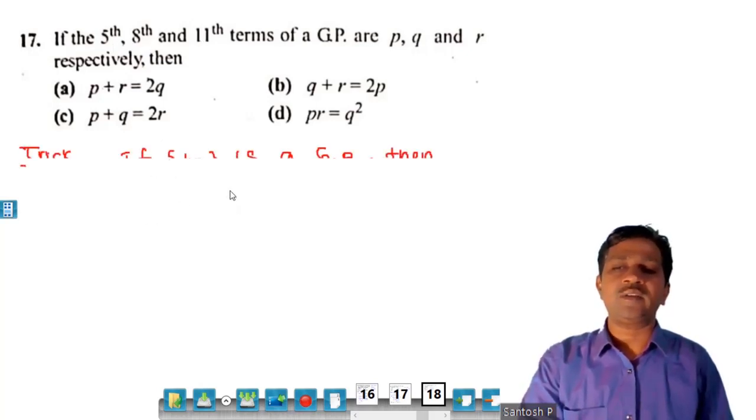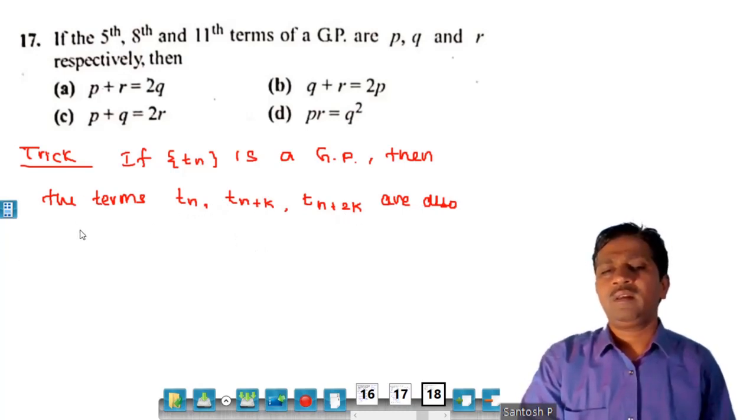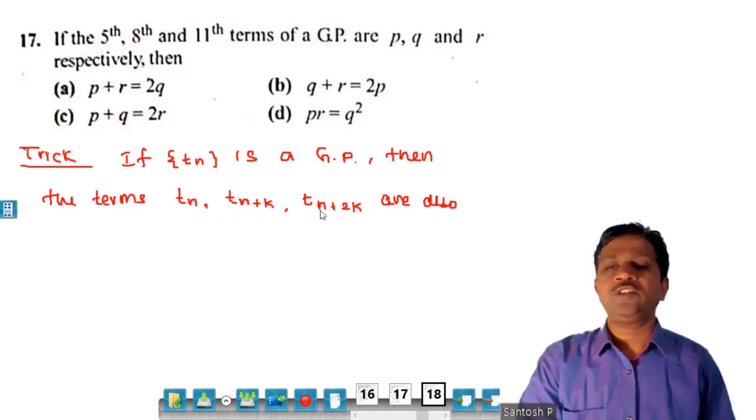Let us see this trick. If this is a GP, then the terms Tn, Tn plus k and Tn plus 2k are also in GP. Before going to the solution of this problem, let us verify whether this is true or not.